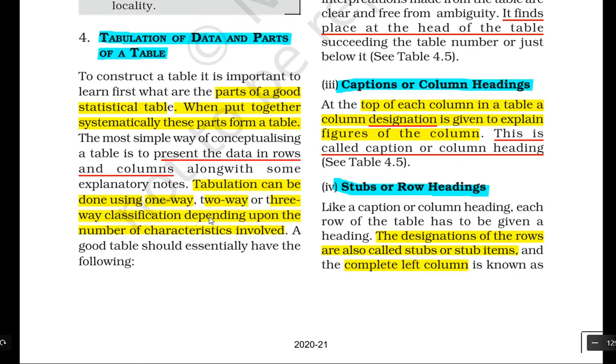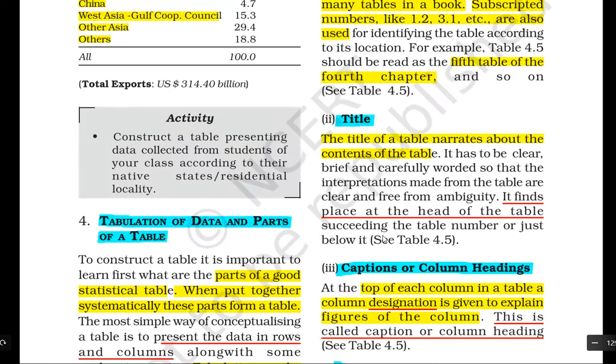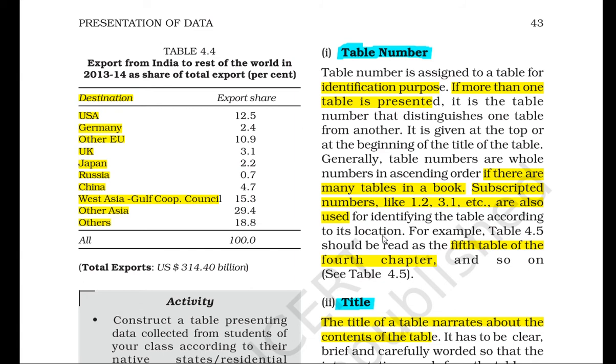Similarly, we can present the data in the form of a table according to the number of variables we want to present: one variable, two variables, three variables, or however many classes there are. So classification depends upon the number of characteristics involved. So let us start.